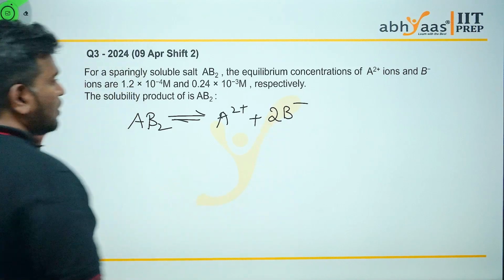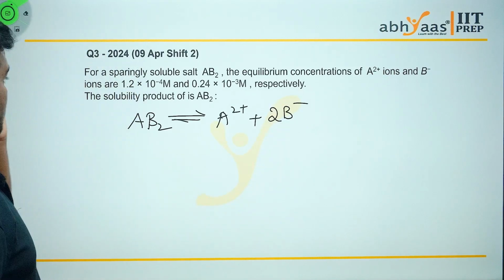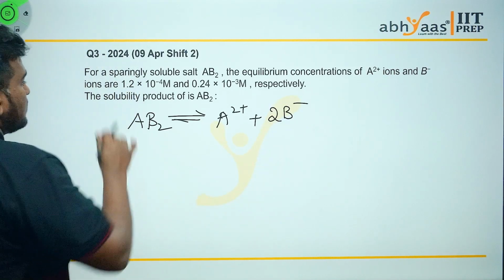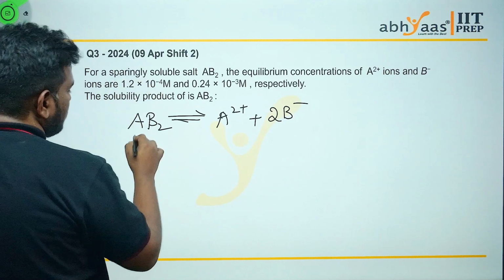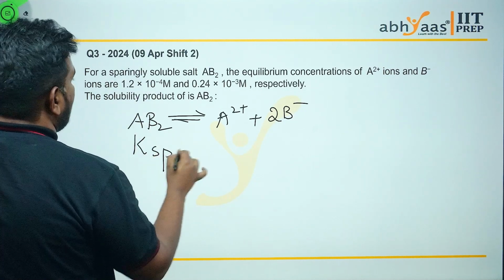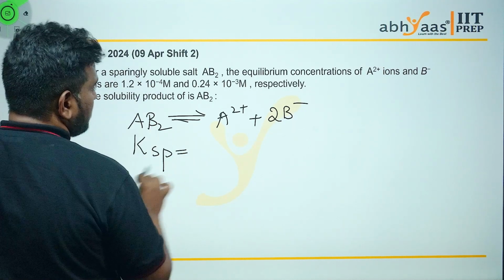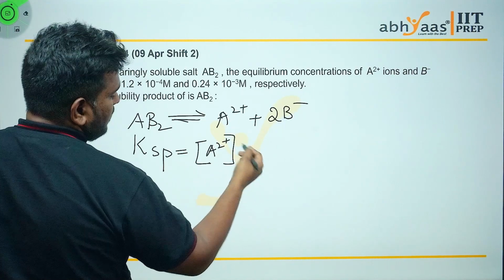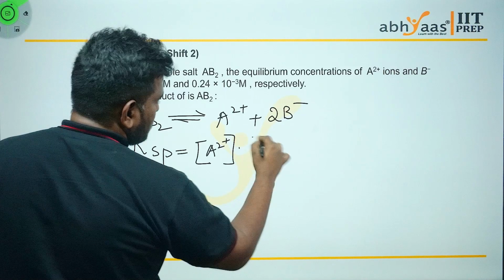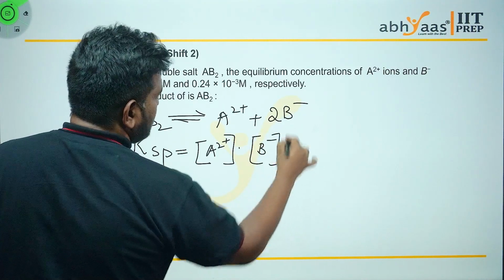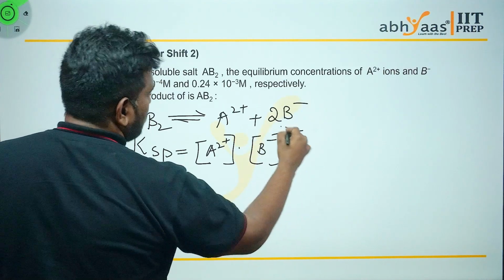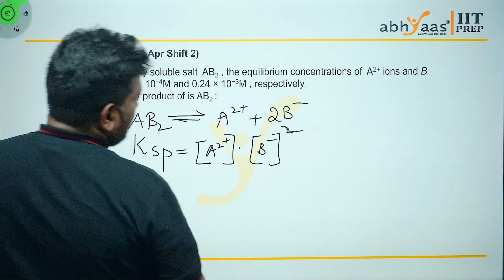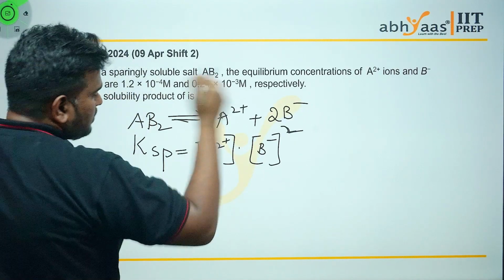The equilibrium concentrations of A2+ ions and B- ions are given. So we know that Ksp is equal to what? Solubility product. We know that it is the concentration of A2+ into the concentration of B- raised to 2, right? Stoichiometric coefficient is there, so we have to raise it to 2.